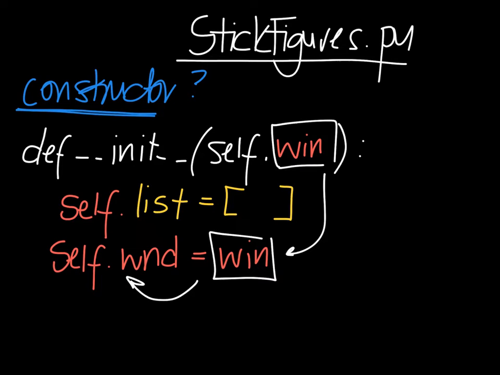So remember, the word self attaches this variable across all the member methods and functions, or methods we'll try to stick to, for this class stick figures. That's what this allows. If you don't use this word in another method, you won't get access to these. So you need to use this word self. It attaches it to the class. So that's essentially it. That's what my constructor is going to do.